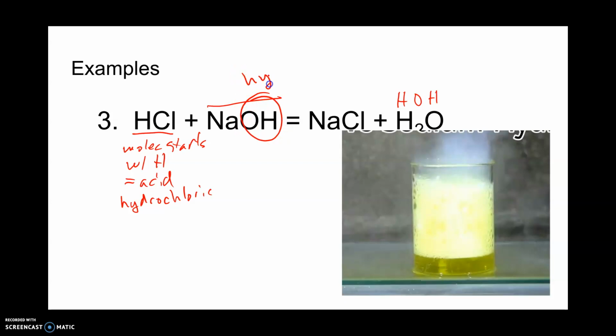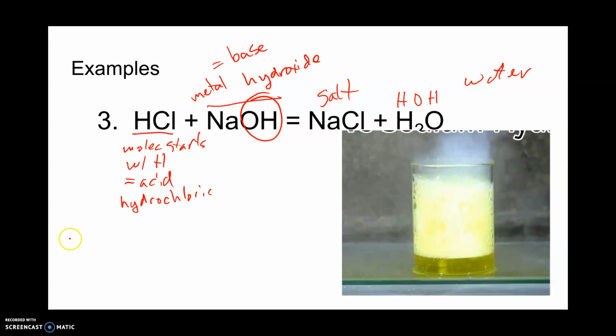That makes this a hydroxide, because there's a metal here, which tells us that we have an ionic compound that ends with a hydroxide. So this is a base. Specifically, it's sodium hydroxide. Here we have water, and sodium chloride is obviously a salt.